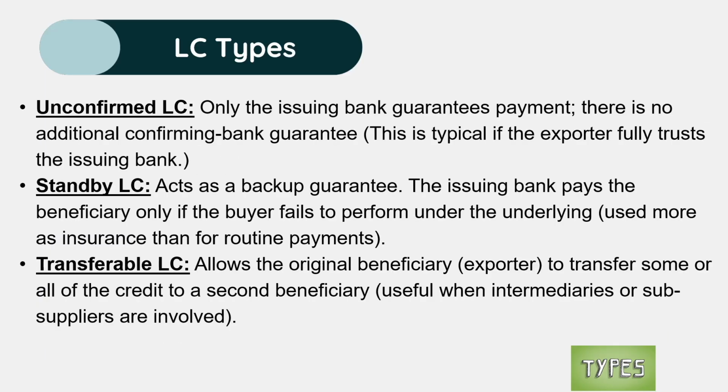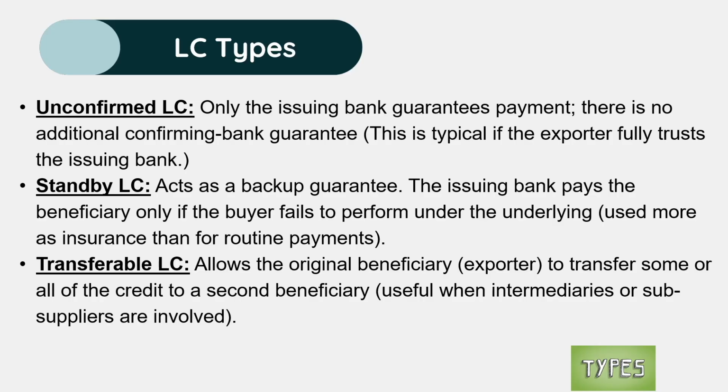One is the unconfirmed LC. What is this? Only the issuing bank guarantees payment. There is no additional confirmation bank guarantee. This is typical if the exporter fully trusts the issuing bank. In this case, only the importer's bank guarantees the payment and the exporter's bank is not involved.